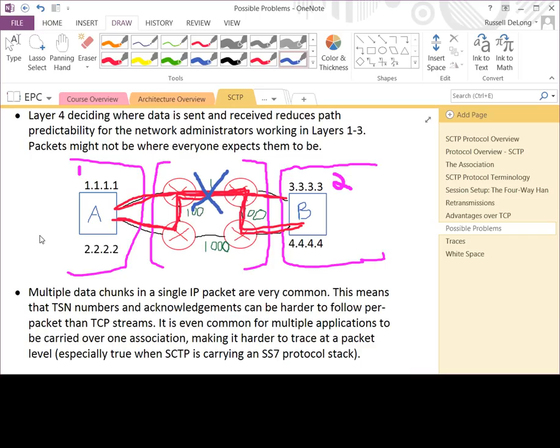With SCTP, you often find 3, 4, 5, 6 different data chunks being sent in the same IP message. So when you have that many data chunks, you have a whole bunch of TSNs, transmission sequence numbers, in the same message, and then you've got acknowledgements again with multiple numbers being referenced.